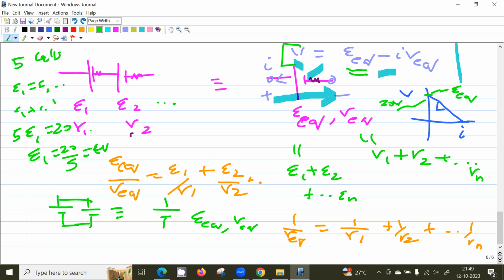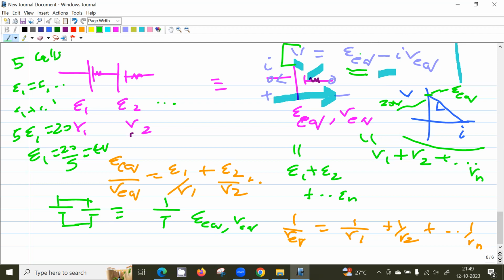They will say there are some N cells in series, and the VI characteristics of the battery, which is the terminal voltage, look like this. Given this graph, I have to find the EMF of a single cell. Looking at this curve, the y-intercept is E equivalent. We get the y-intercept by putting I equal to 0.